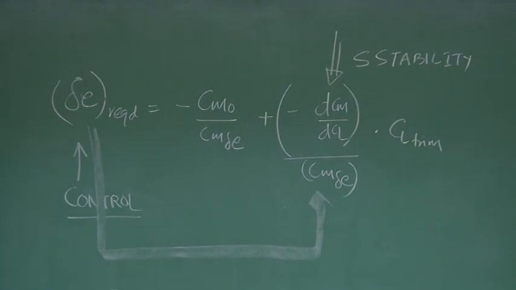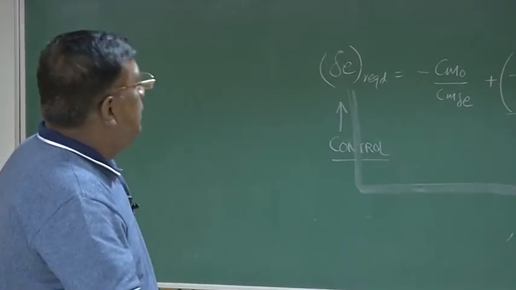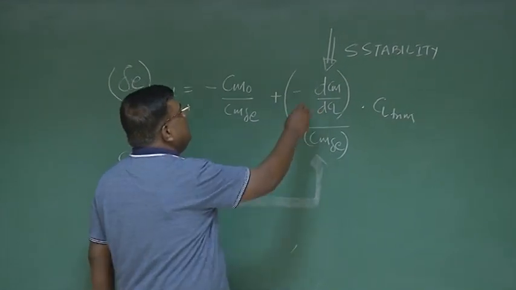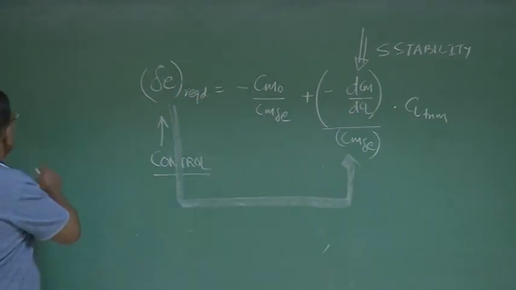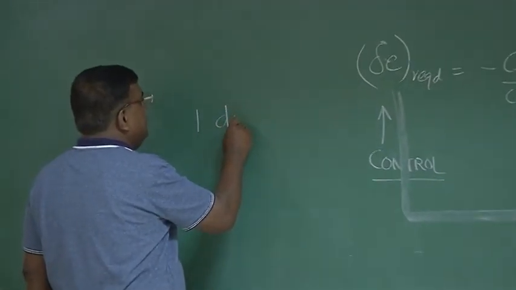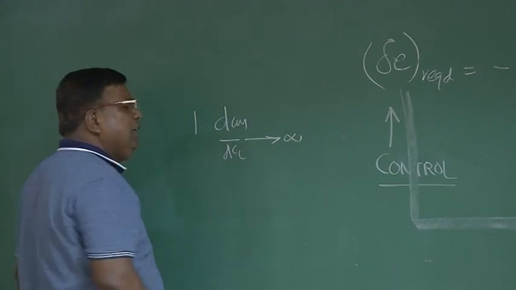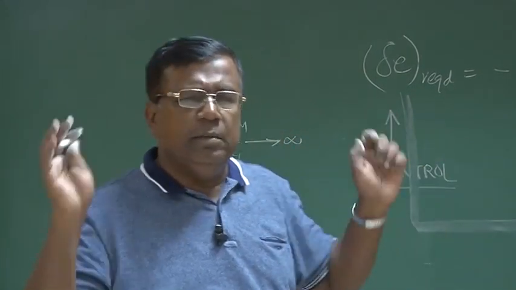But now we want to add value to it and try to physically understand what this is doing. Think of a situation: suppose dCm by dCL goes to infinity, which means it is very highly statically stable, infinitely stable.